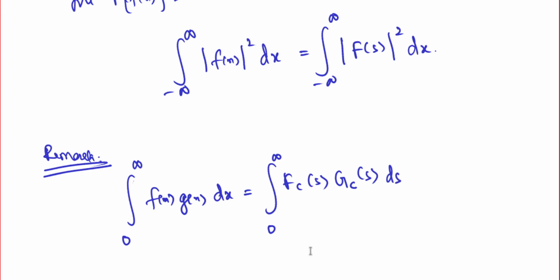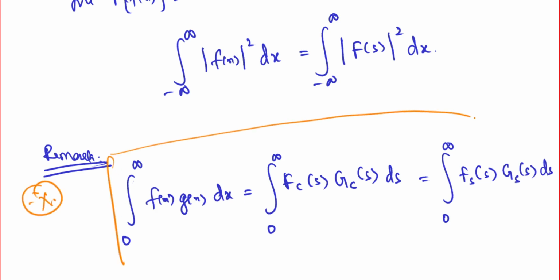In fact, you can also prove that this is the same as the integral from 0 to infinity of the Fourier sine transform of f, which is fs of s, and the Fourier sine transform of g, which is gs of s. So this is a very important result coming out of the convolution theorem.